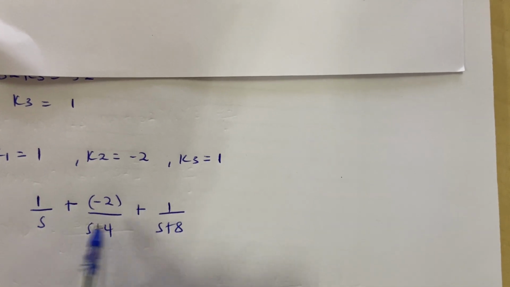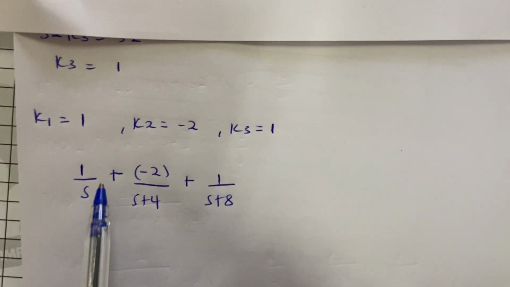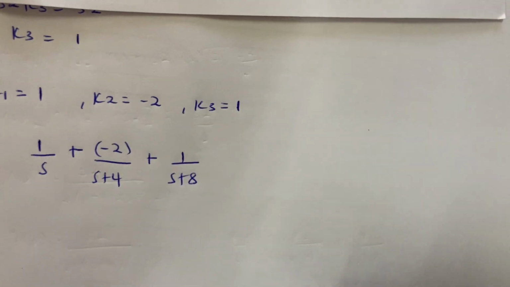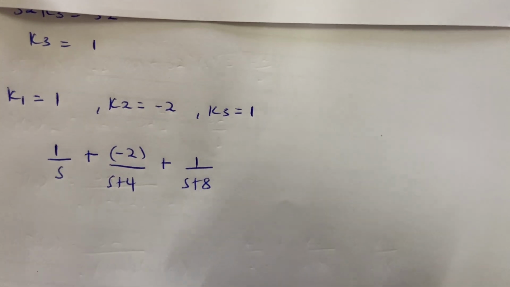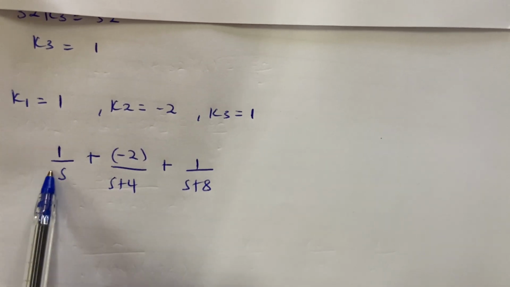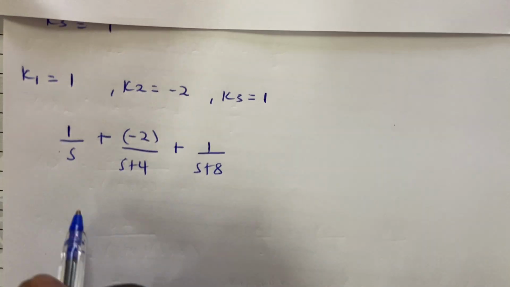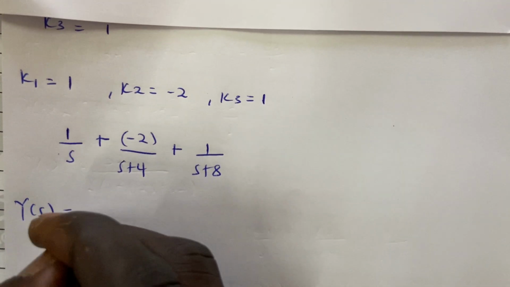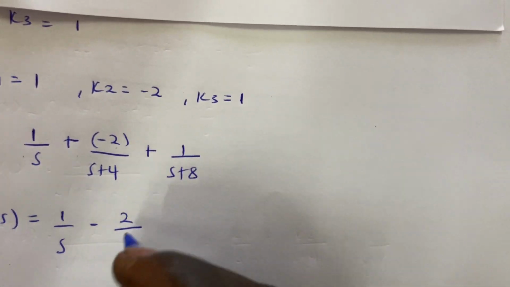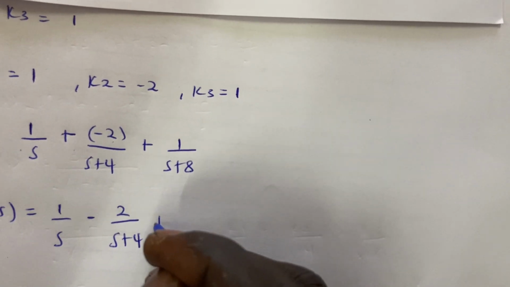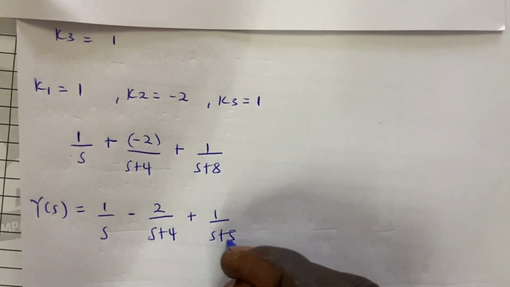Changing this form to Laplace, like I said earlier, when you want to change your unit step to Laplace, it's just 1 over s. When you want to inverse it or turn it back, you get the same unit step. So here, interestingly, our Y of s is now giving us 1 over s. This negative will affect this, so minus 2 over s plus 4, plus 1 over s plus 8.